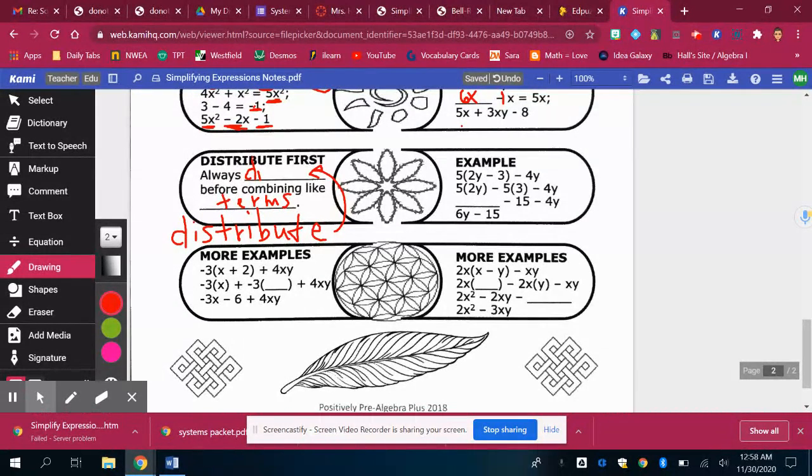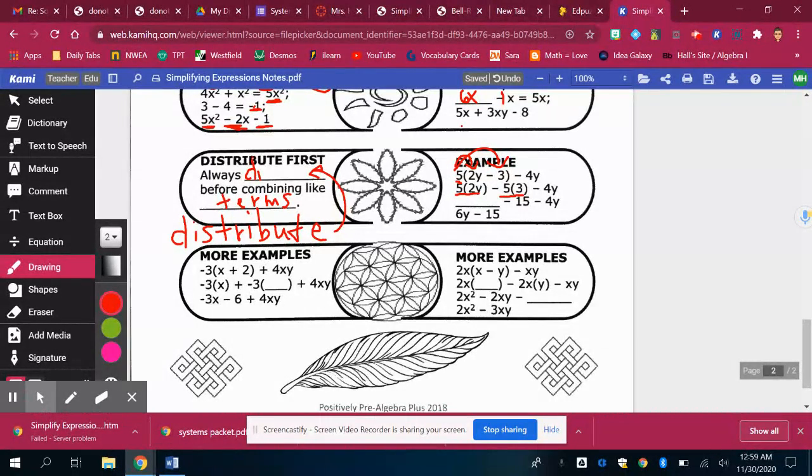So this 5 out here, see this 5 right here? That number is outside of these parentheses. So when they say distribute, they mean you need to multiply 5 times everything inside the parentheses. So they did 5 times 2y right here, and 5 times negative 3 right here.